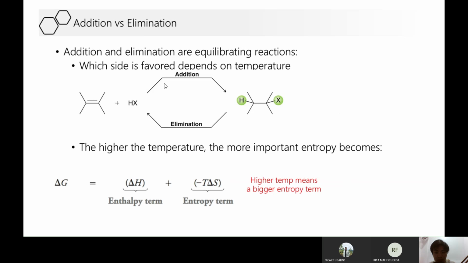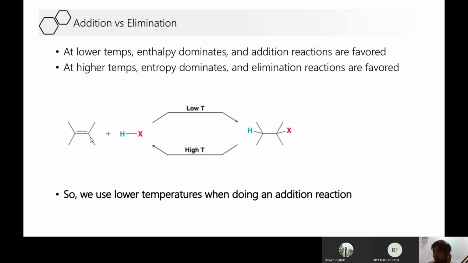So depende sa conditions, depende sa temperature, depende sa chemicals, yung ating maging reaction, no. So, ang ating reaction, pwede yung double bond, maging addition reaction siya at low temperature. However, at higher temperature, hindi addition reaction yung mangyari. Rather, magkakaroon tayo ng elimination, no?